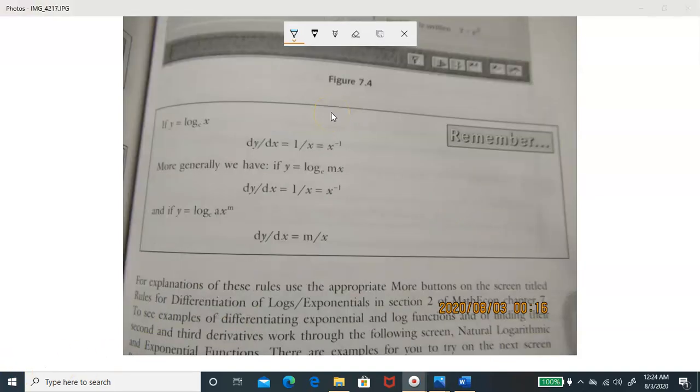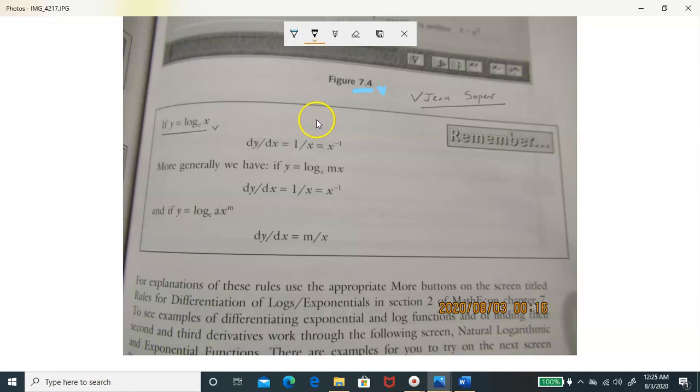Now let us take a look at this figure 7.4 from your textbook, Soper's book. So we are now talking about log. Look at that. y equal to log_e of x, right?